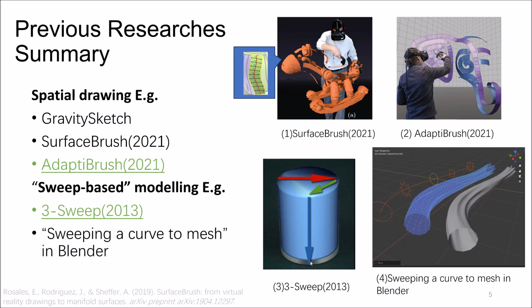In spatial drawing with ribbon-like brushes like Adaptive Brush, they make use of ribbon-like brushes because they naturally provide normal directions, which is good for representing surfaces. In sweep-based modeling methods, such as 3D Sweep or curve sweeping in Blender, the common point is uplifting, or as they call it, lifting a 2D curve or segment to generate a 3D surface.